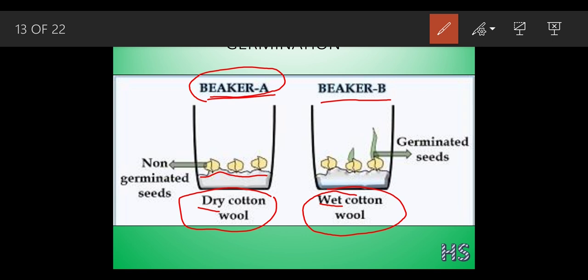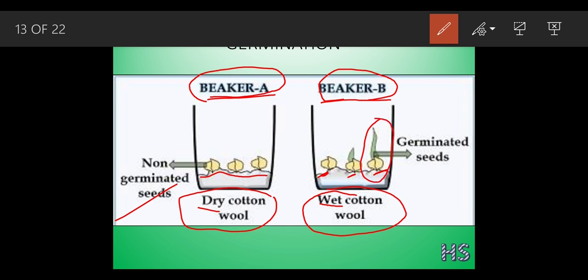They are non-germinated seeds, and we can't see any shoot growing out. But in beaker B, this was the seed at the start. After 2 days it started to germinate, and after a few days it germinated with a big shoot system.